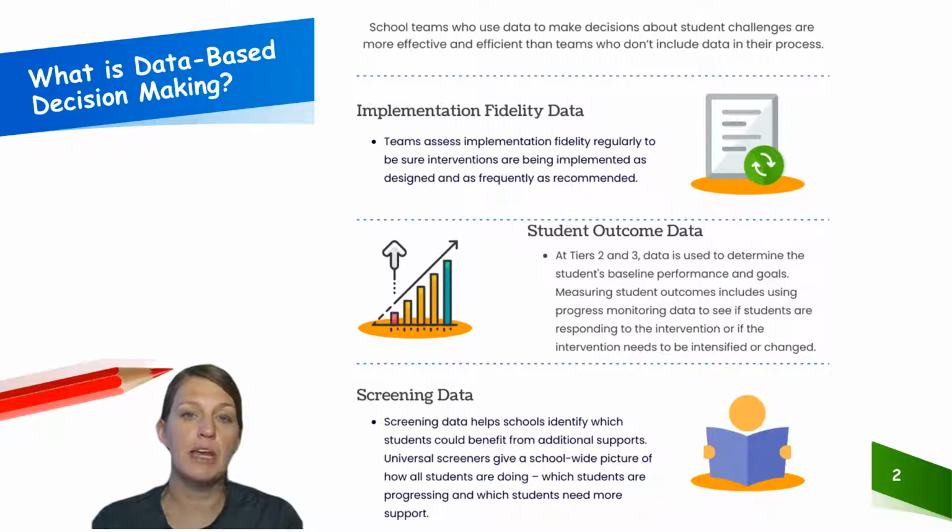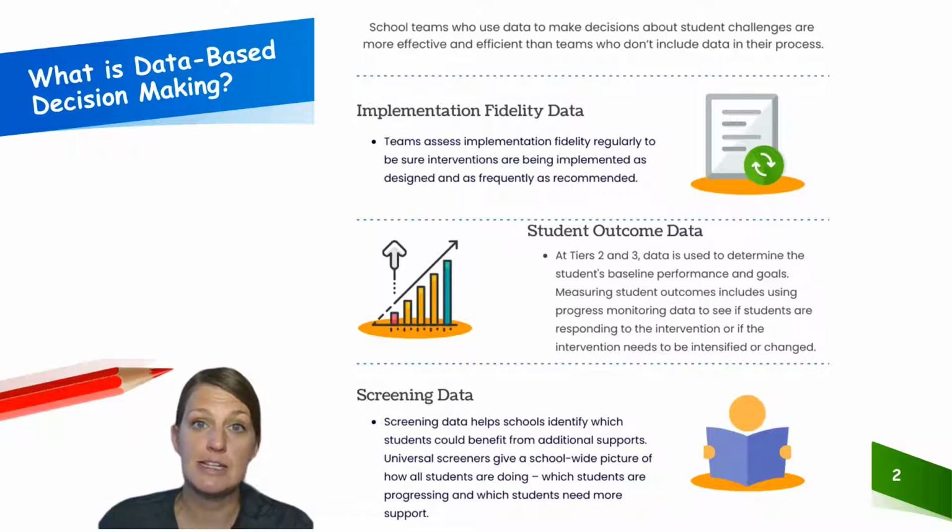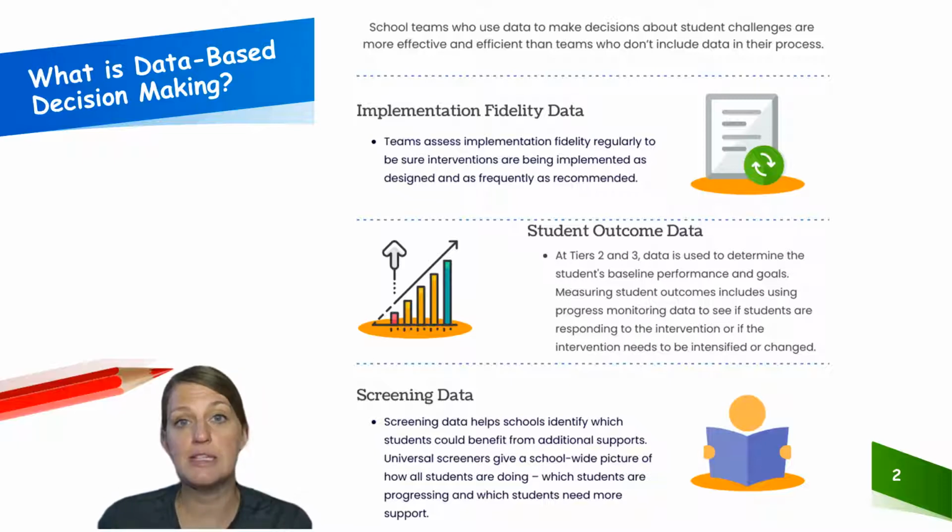But one other type of data that we briefly discussed is that implementation fidelity data. So there are a number of reasons that interventions might not be implemented as designed. We talked about that could be a resource concern, or we just didn't see some barriers that were there. It could be that we have a communication problem, or it could be that we have a training problem.